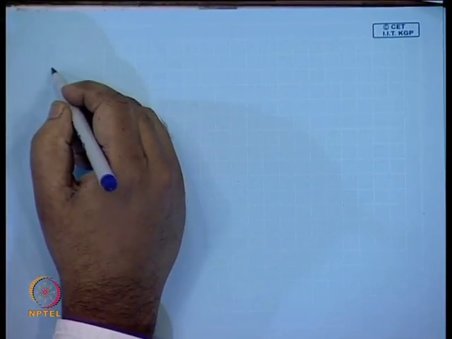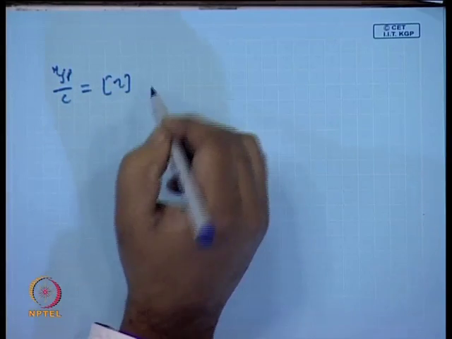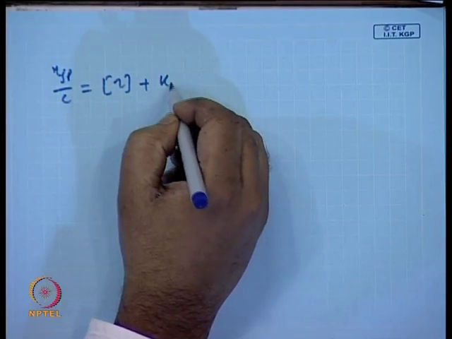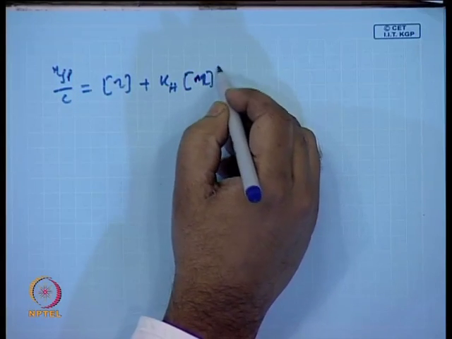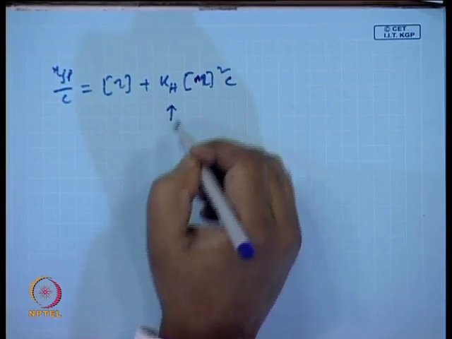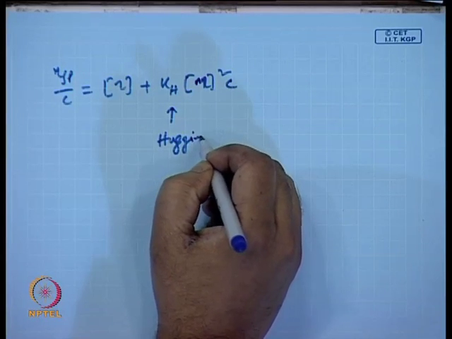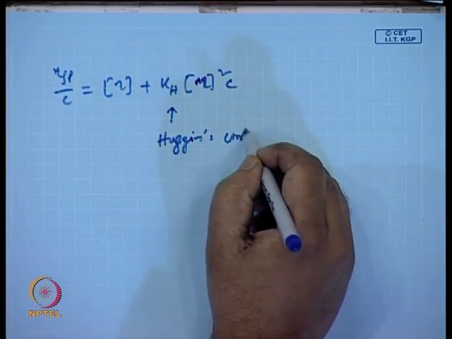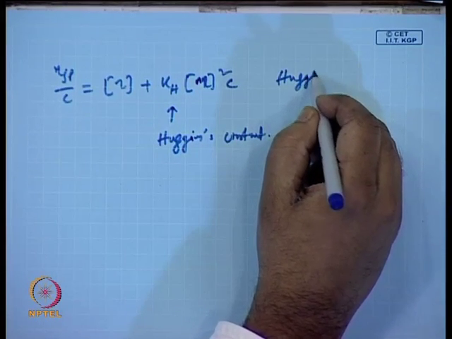So, eta sp by C is written as eta plus kH eta squared C, this is the Huggins constant. This is the Huggins equation.